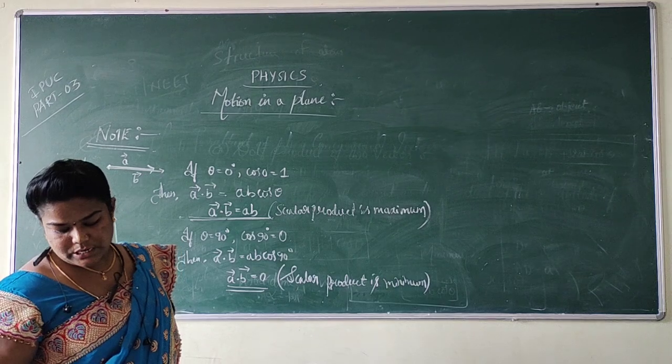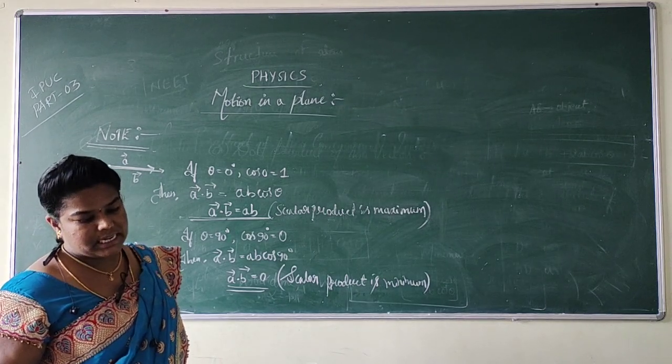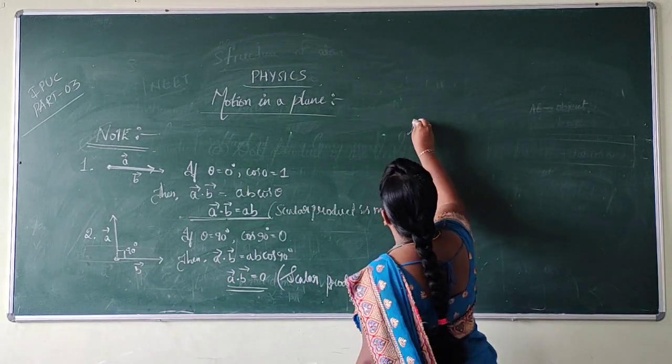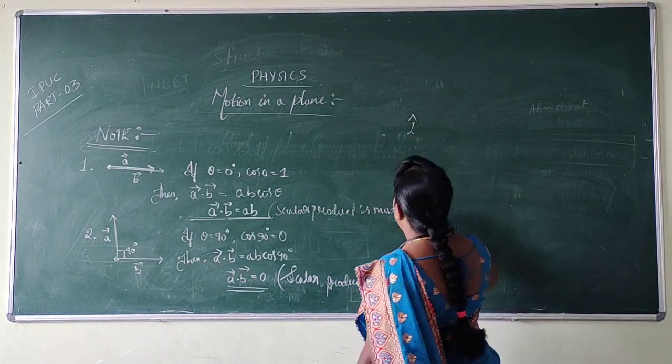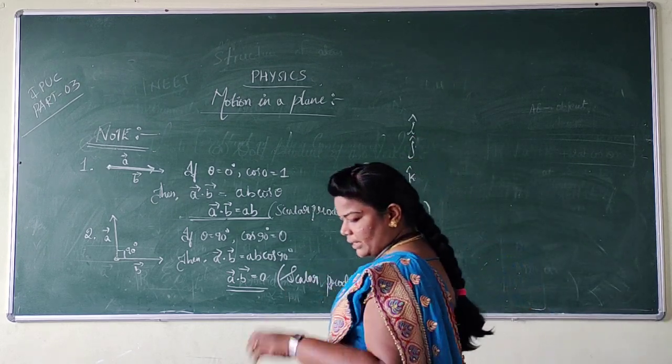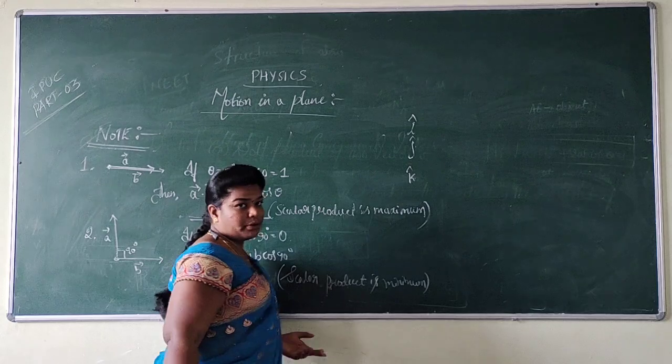Then my dear students, you know that already in the previous class we said that along the x-axis i cap is a unit vector, along the y-axis j cap is a unit vector, and along the z-axis k cap is a unit vector.